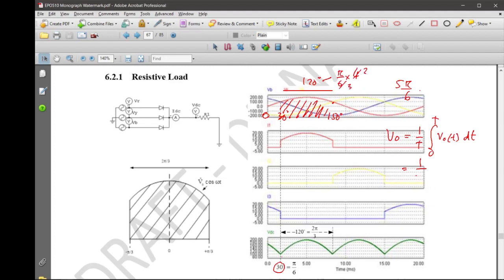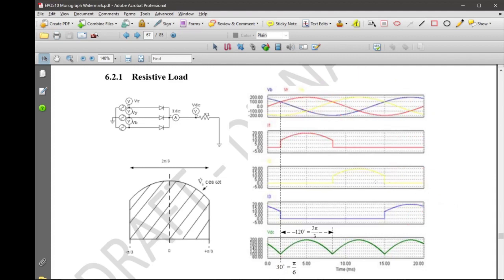So here you have 2 pi over 3, and you integrate from pi over 6 to 5 pi over 6 of V peak phase sine theta d theta. You can solve that, and you get the average equation.